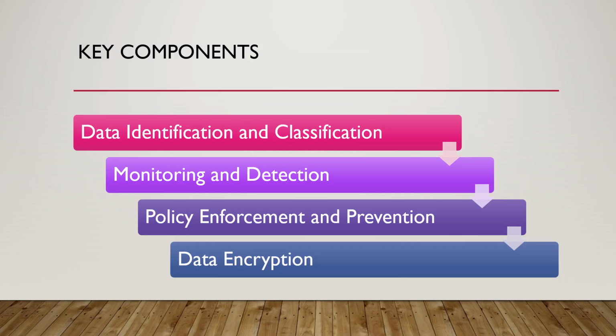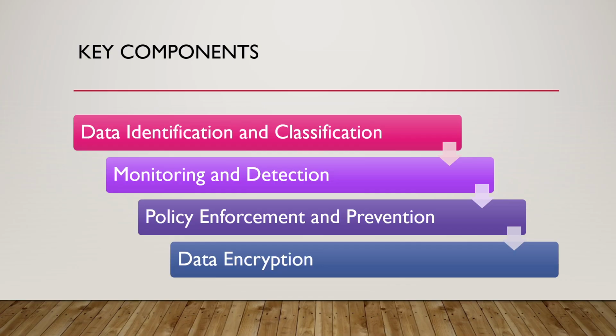We need a system that will enforce this, so it's policy enforcement and prevention, where it may just be an alert to let administrators know that sensitive data is being accessed or transmitted in a way that's violating our policies. It may actively block the user from doing it, and it may even quarantine files to make sure that they can be reviewed by the security team before they're released again.